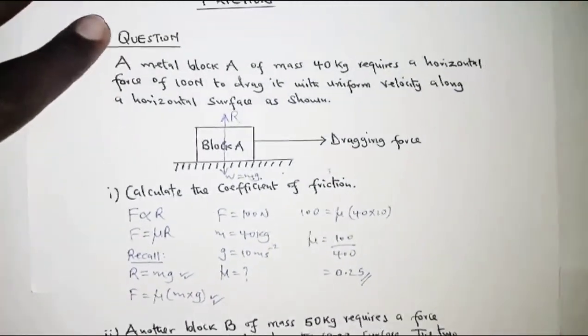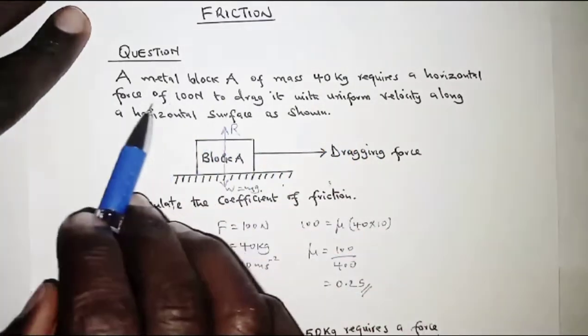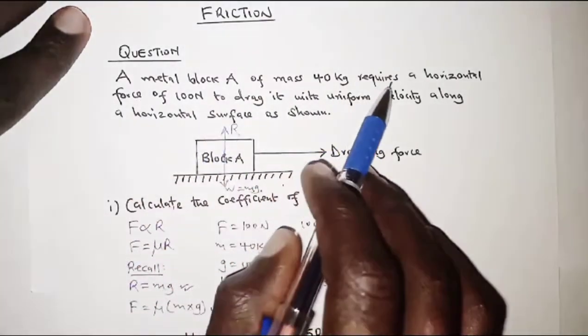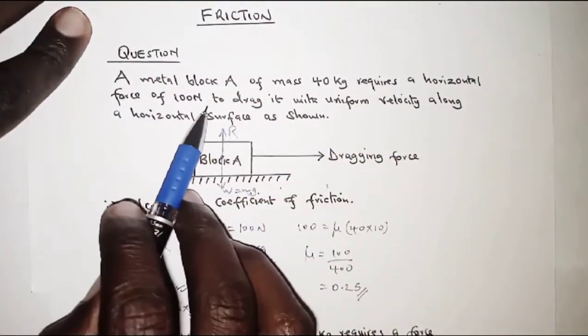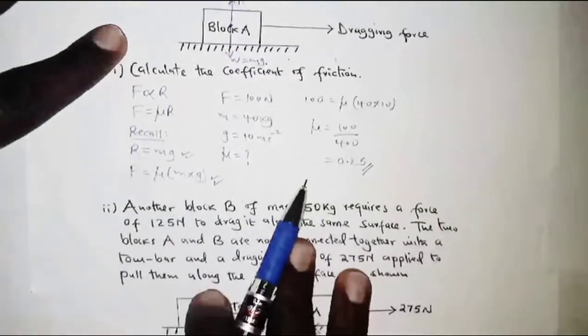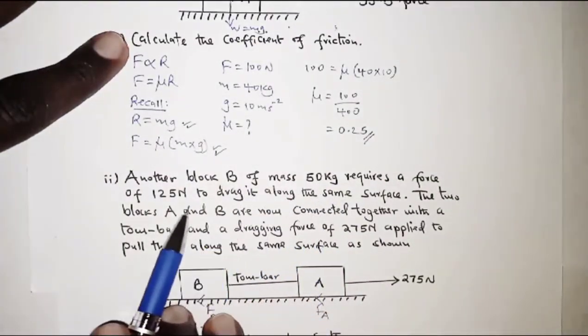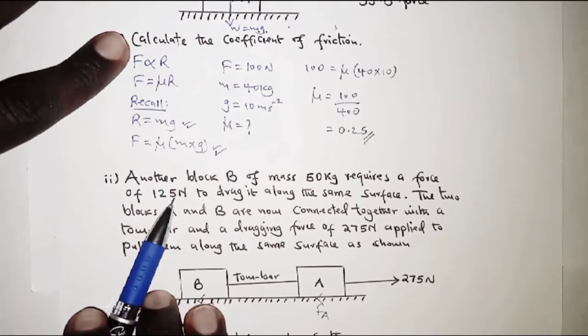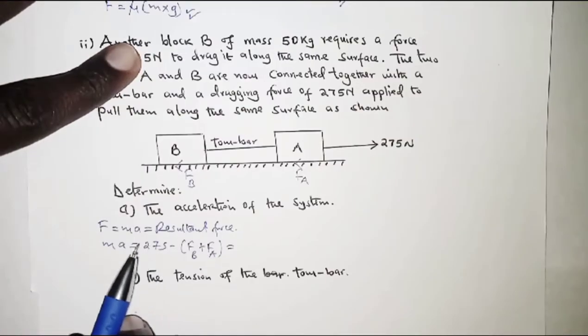Remember, for the first part, you're told that block A requires a force of 100 newtons to drag it, and B requires 125 newtons. So those are the respective frictional forces.